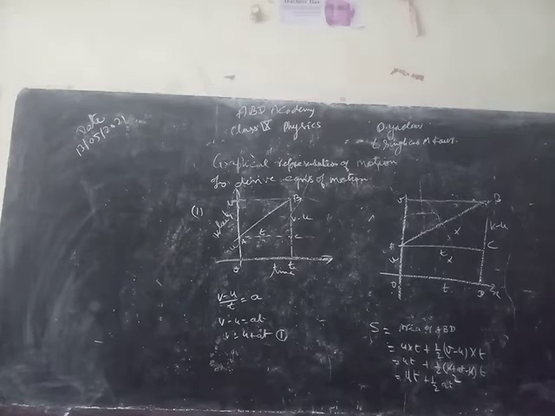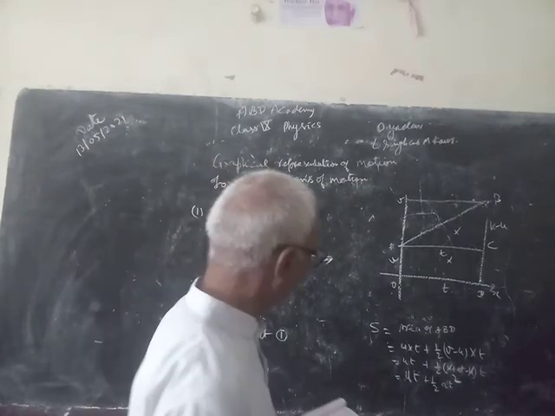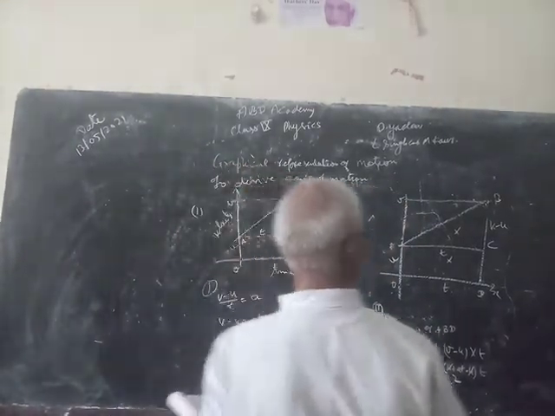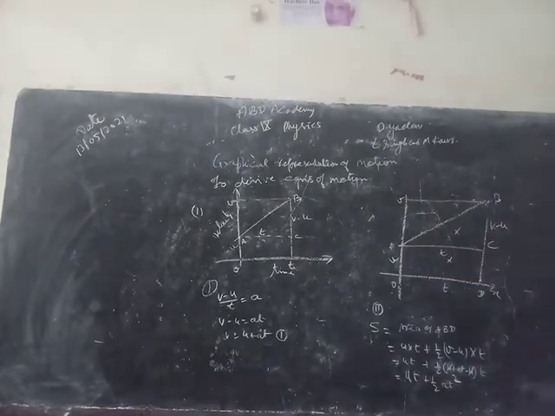And to derive the third equation, V square is equal to U square plus 2AS. The formula is the second equation. It is the first equation. Here, do we have space or not? No, there is no space.